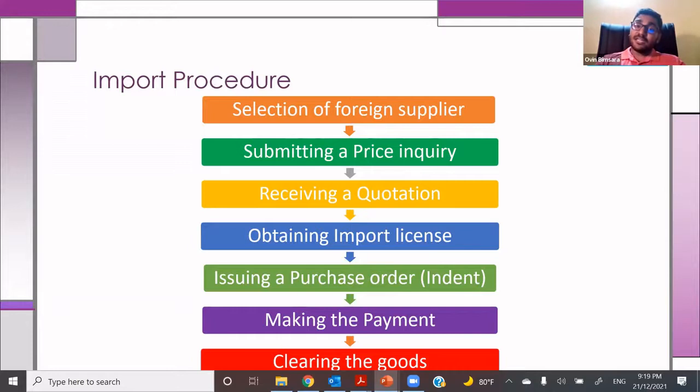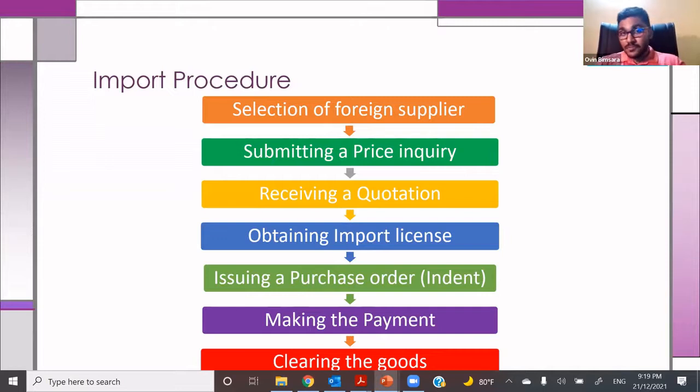And after selecting a foreign supplier out of all the potentials, you need to send a price inquiry. You need to ask for the price, and then you receive the quotation mentioning the breakdown of the cost for each element for the product that you are requesting.